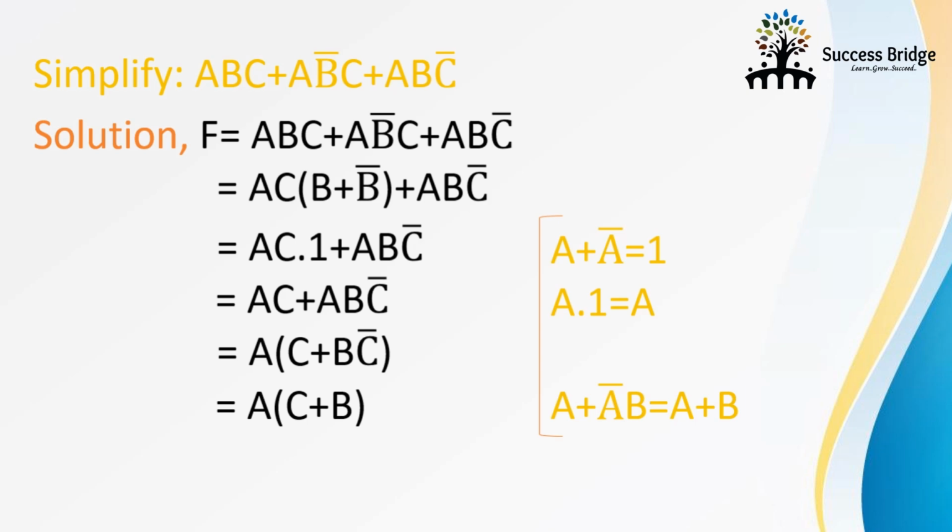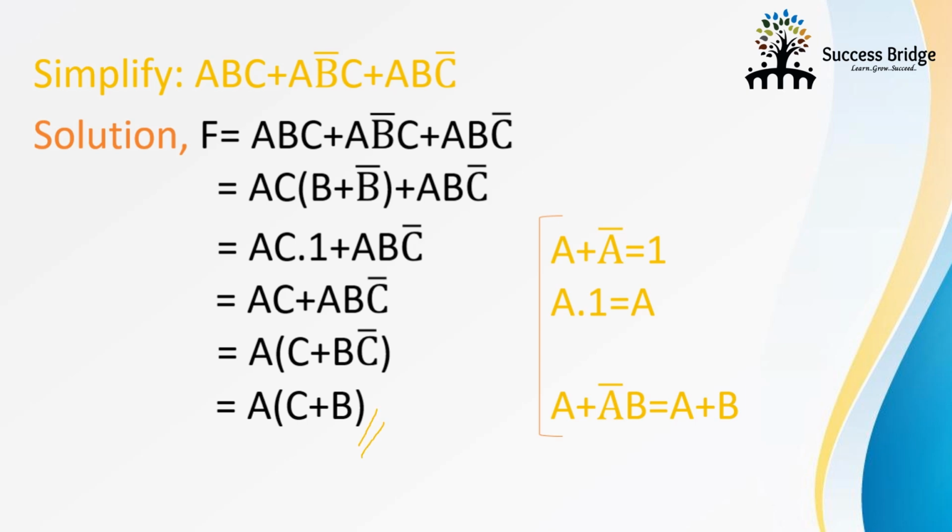In this expression we again take a as common, then c plus bc bar. From the law, a plus a bar b is equal to a plus b. Then our final expression is a into c plus b. This is the final Boolean expression which minimizes our logic expression.